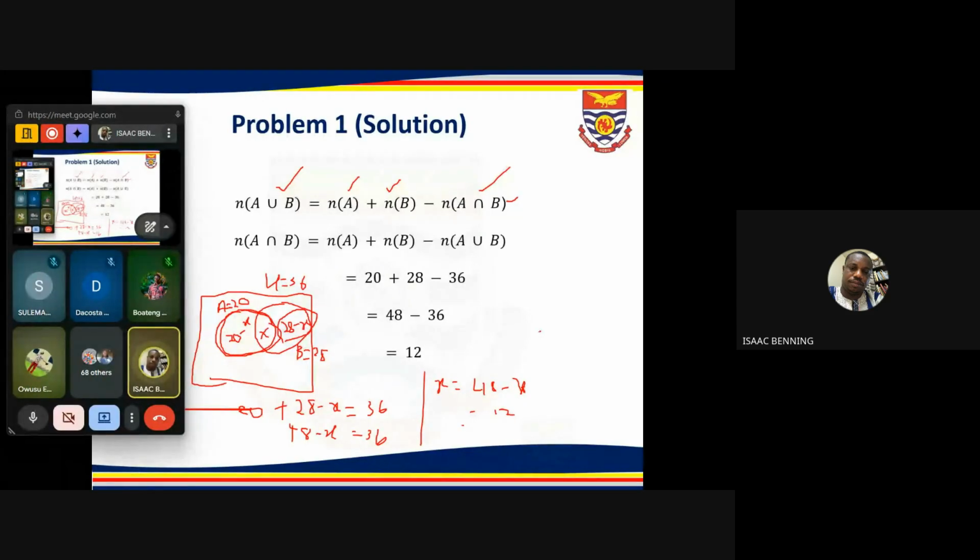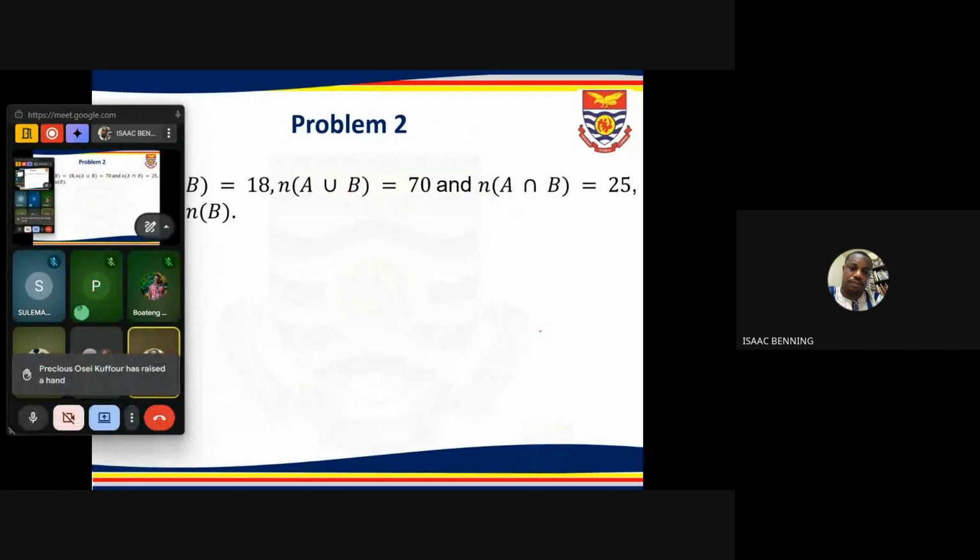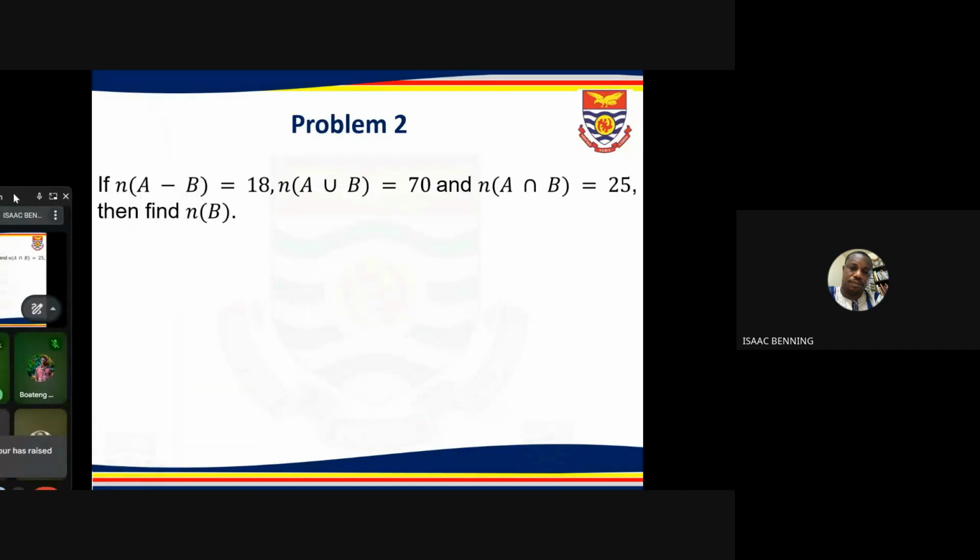I have interesting questions, and I will encourage you to go through them by yourself. Please, each of the problems, solve them first on your own. After that, compare with my solution in the slide.